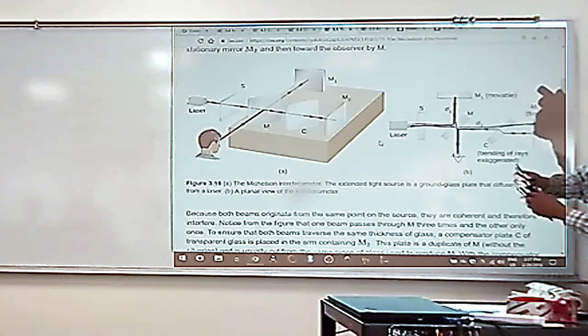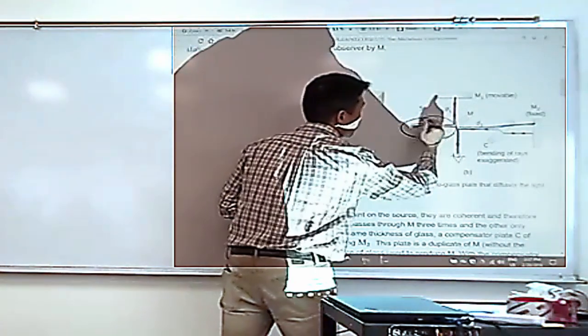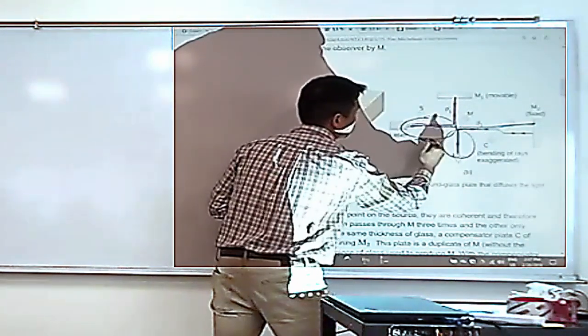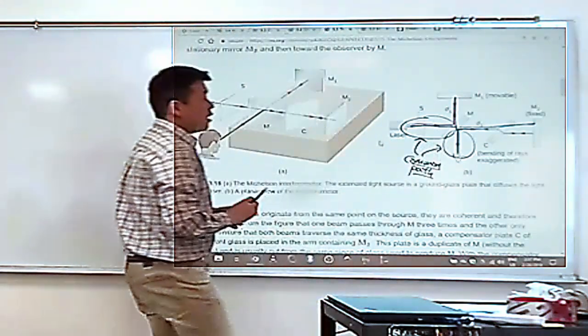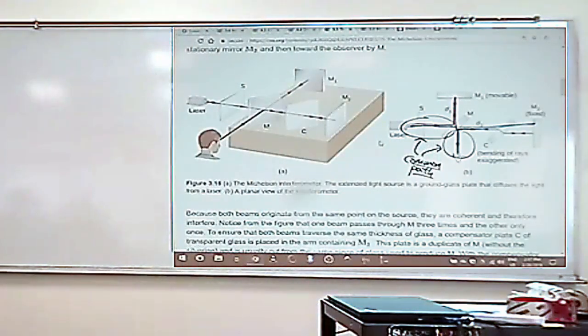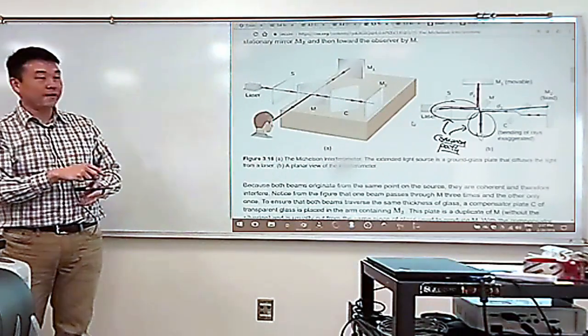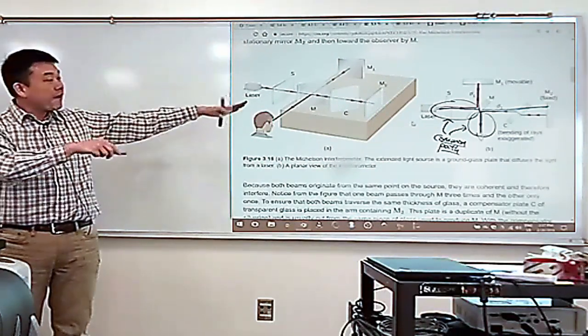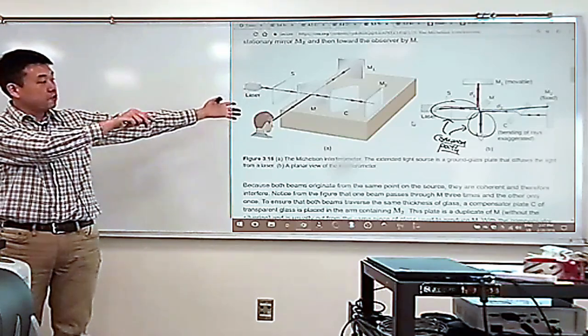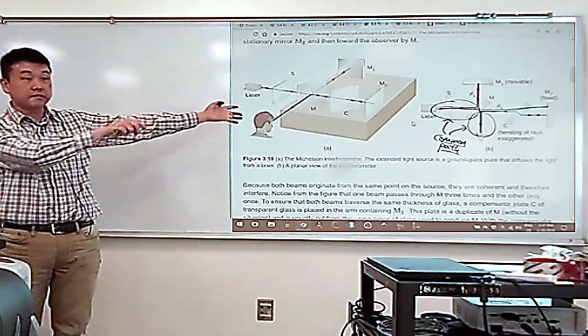At the very beginning, here they share a common path, here they share a common path. So what you're looking at is the phase difference that takes place as these two beams are traveling these distances.